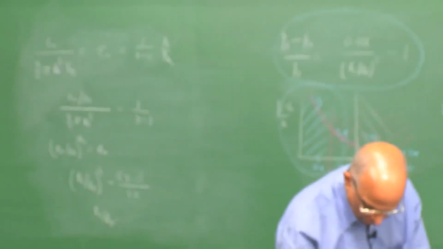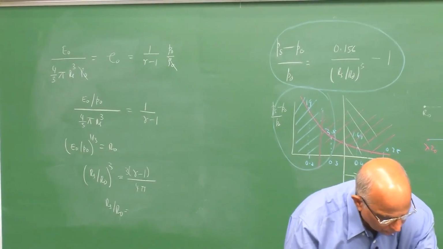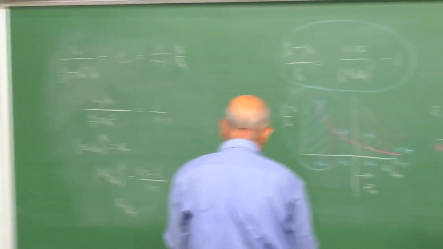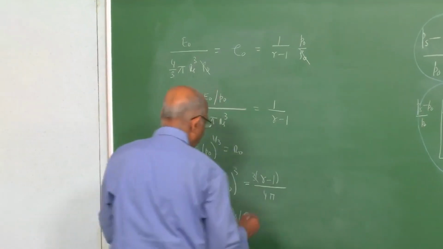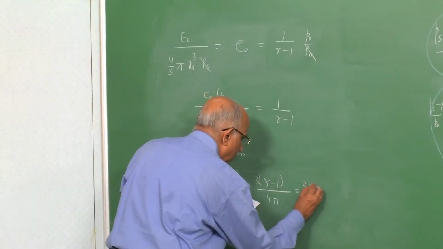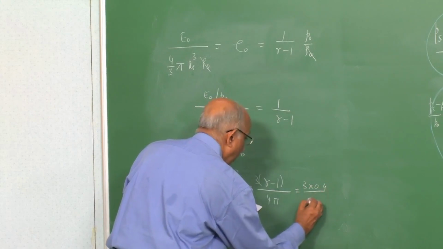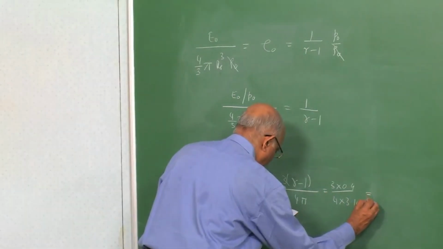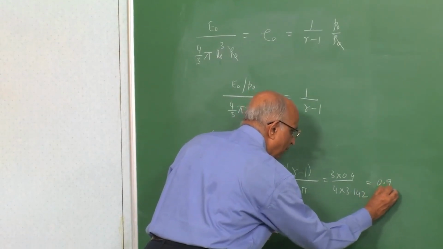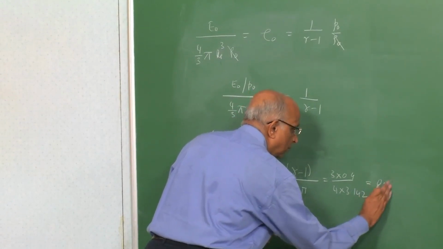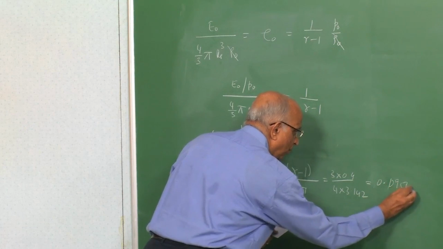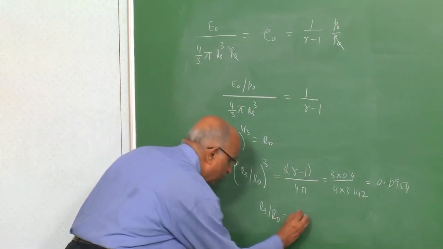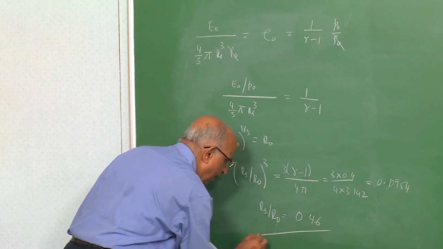Putting the value 3 into 0.4 divided by 4 into 3.142, which is equal to 0.095. Taking the cube root, the value of Rs by R naught comes out to be 0.46.